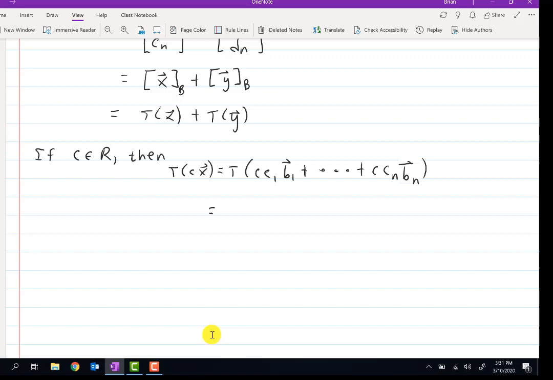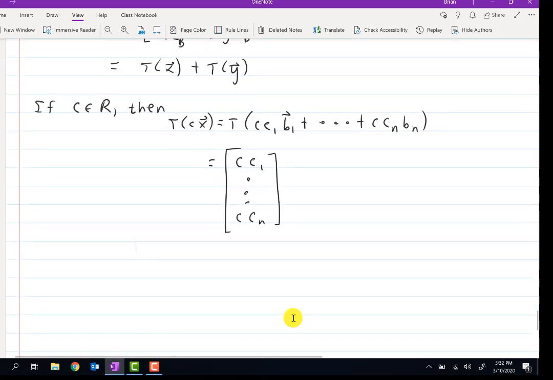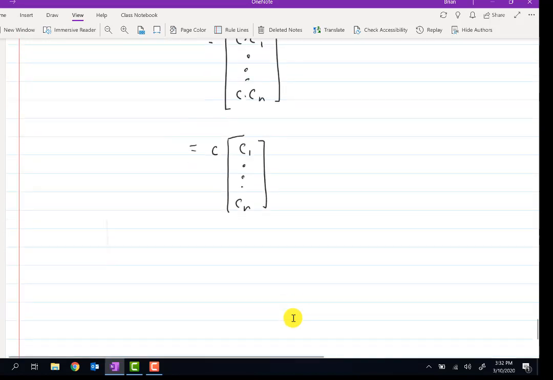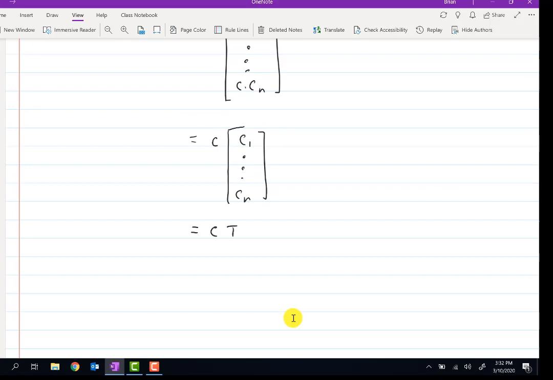And of course, that's going to send it to the vector c c1 up to c cn, because remember, this mapping strips the coefficients off of the basis vectors and puts them into a column vector. Well, according to our rules of scalar multiplication, I can pull the c out front, and I'll get c times c1 up to cn. And of course, that's just c times T of x. So it's a linear transformation.